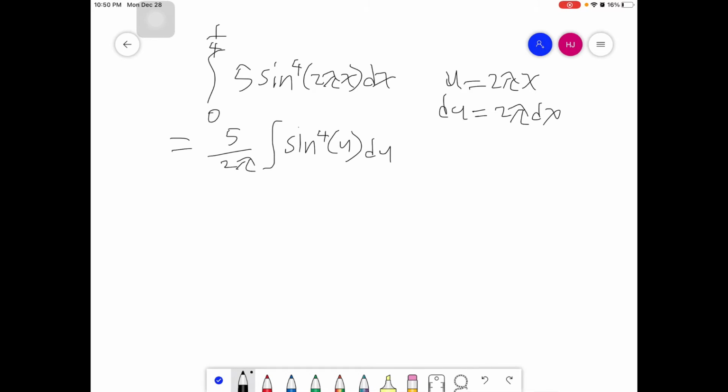So in this case, I'm just gonna solve for this part of the integral and then tack the 5 over 2 pi in later. So for simplifying sine to the 4th, I'm going to separate that into sine squared u times sine squared u.